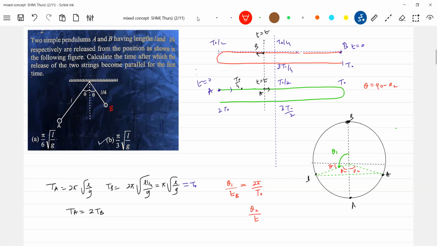This will be theta 2, the time taken by A. This time has to be the same, 2 pi by T naught. We have taken T naught. T naught is what? Pi under root of L by G.